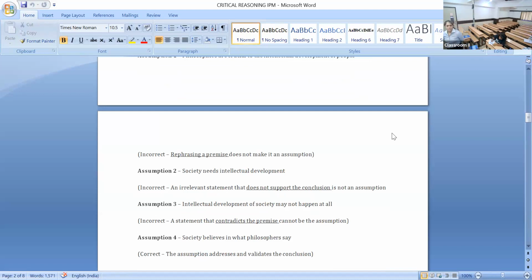Okay, so you can see this assumption 2 also: society needs intellectual development. You can see over here, this does not support the conclusion. So definitely it's not an assumption. So you can write it down. An assumption should support the conclusion. Please write it down. Aditya, please write it down.